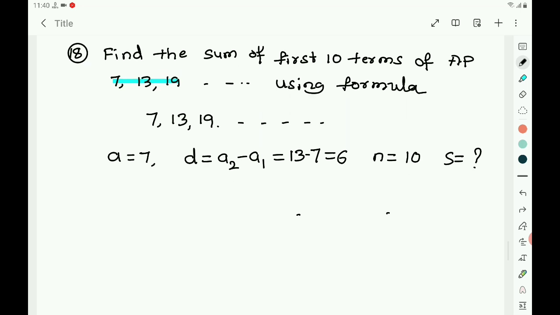So let us write the formula S equals n by 2 into 2a plus n minus 1 into D directly.